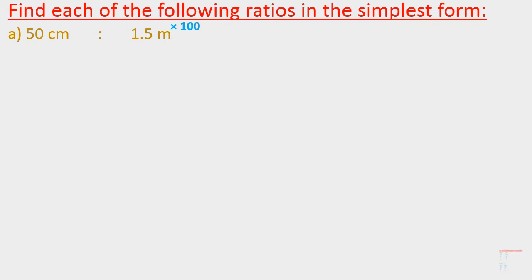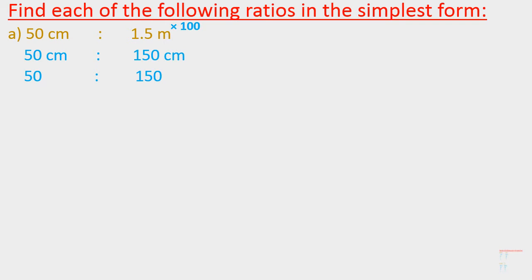1.5 multiplied by 100, then we have the two quantities, 50 centimeters to 150 centimeters. We can ignore the two units, centimeters and centimeters, then we have the two numbers, 50 to 150. We must simplify the two numbers.